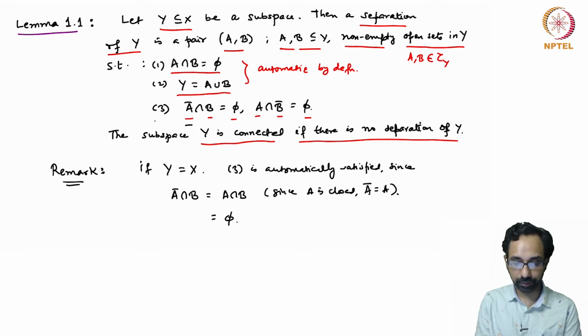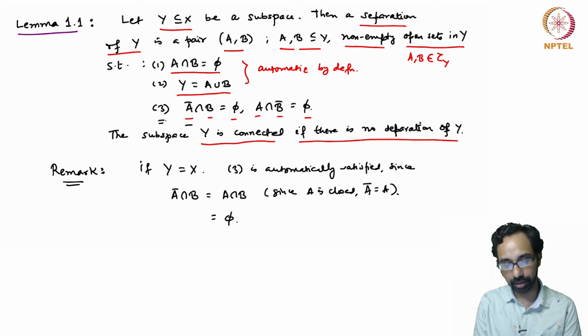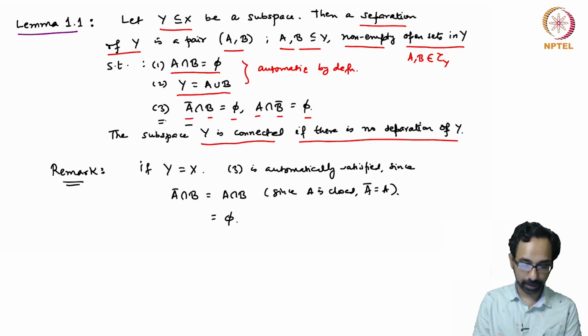So we just have to check that if you take a separation, then the third part of the property is satisfied. So let us see a proof of this third part.